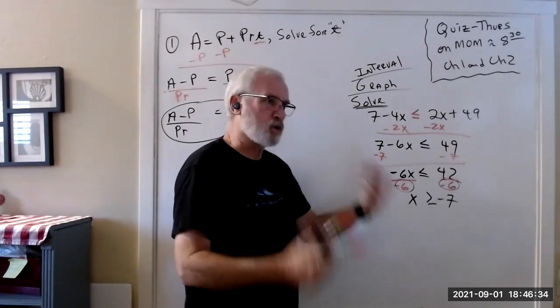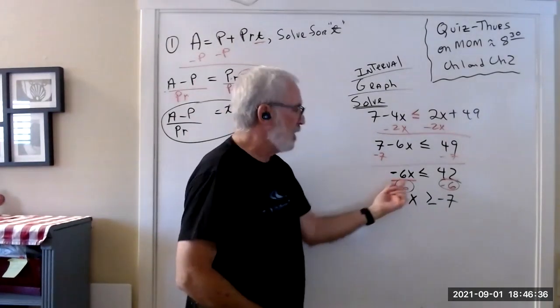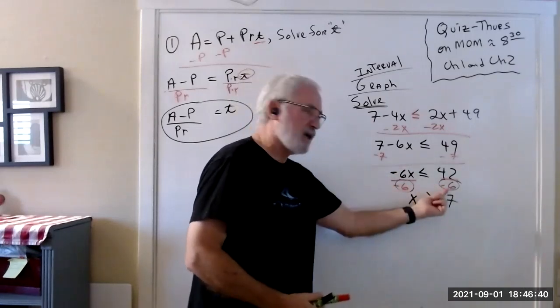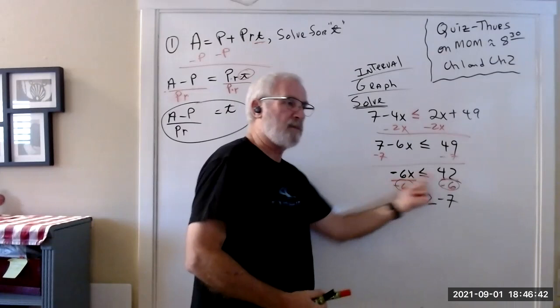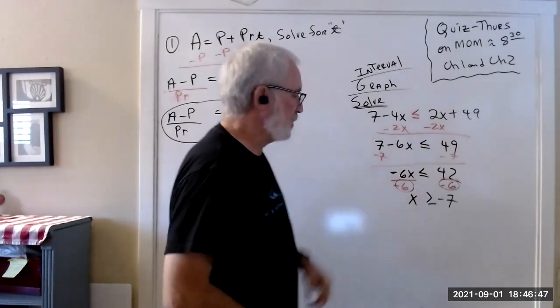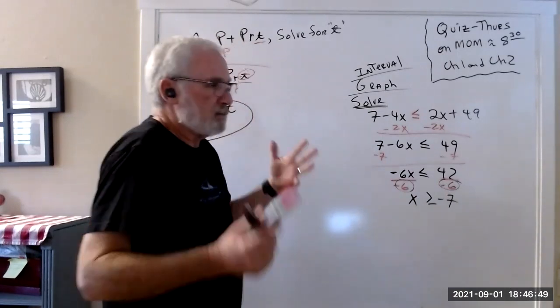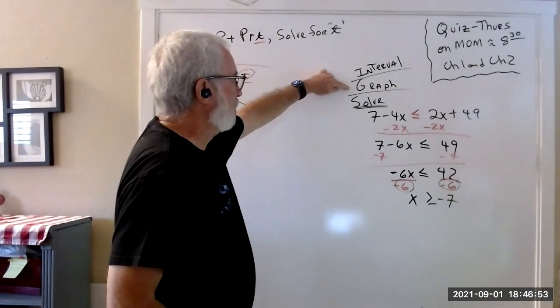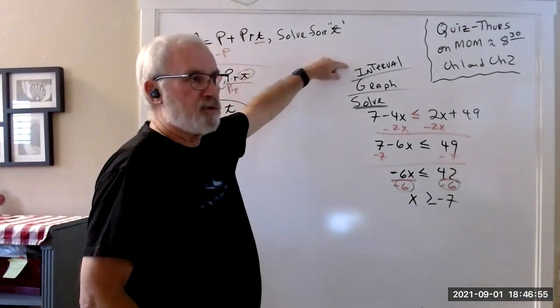To maintain the truthness of a statement, you have to flip the inequality if you divide both sides by negative or multiply both sides by negative. So we get this. Well, we're done. That's okay, except the instructions said I want you to graph it and put it in interval notation.